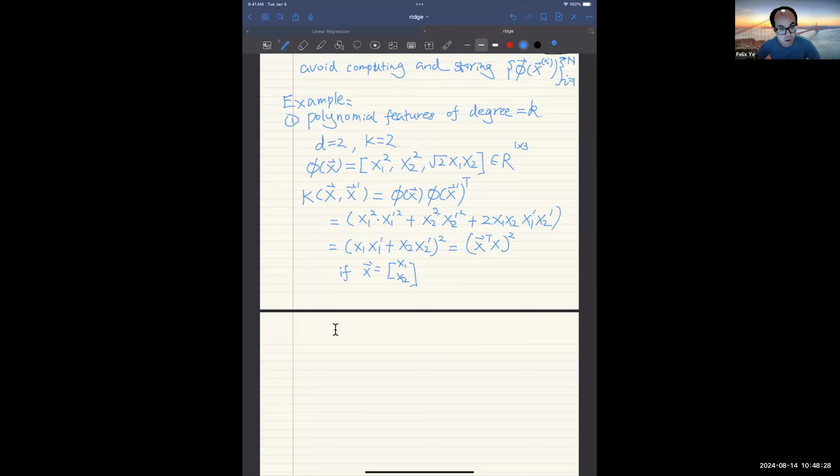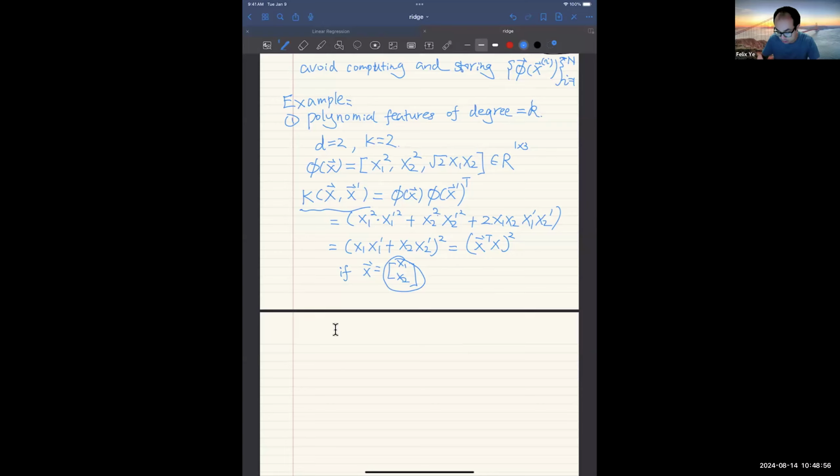You can see this is quite straightforward. All we need to do is calculate the inner product of x and x prime, then take the square of that. That will be calculating the kernel of x and x prime.